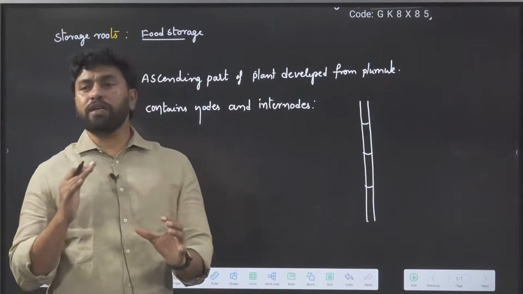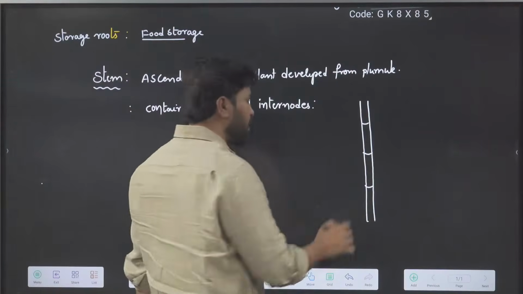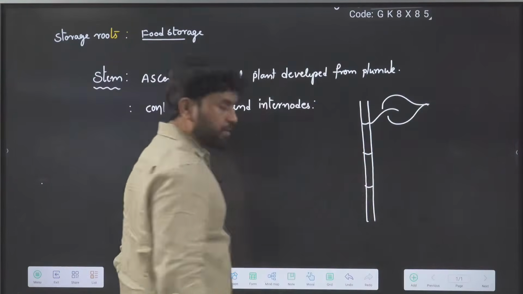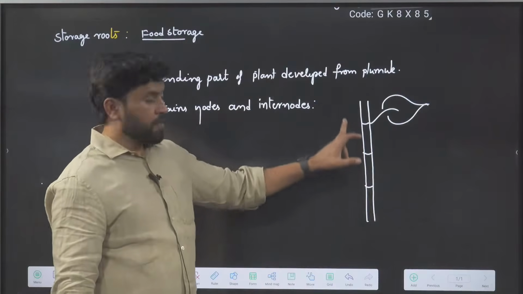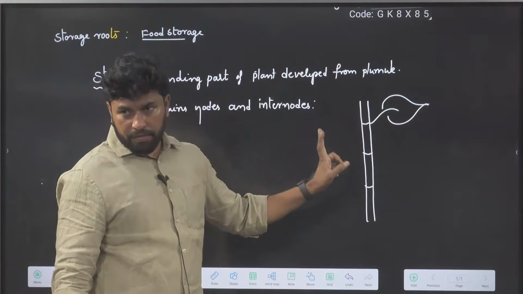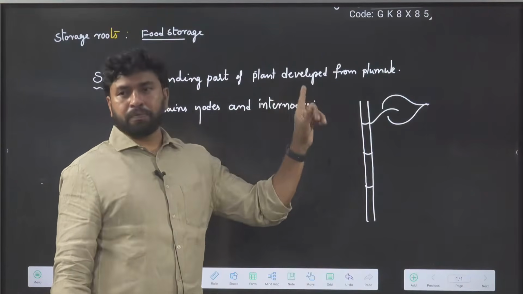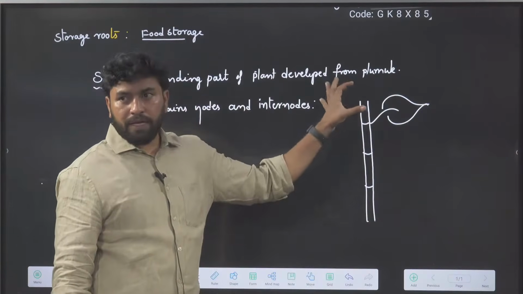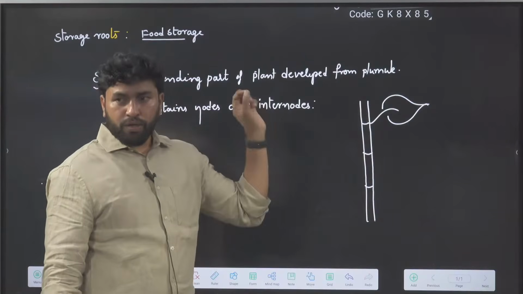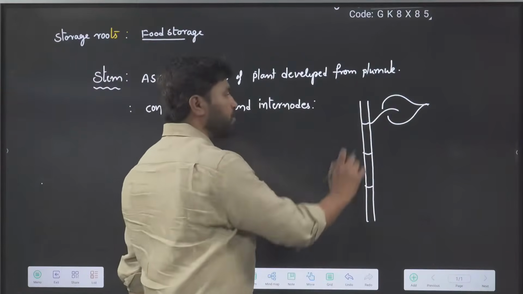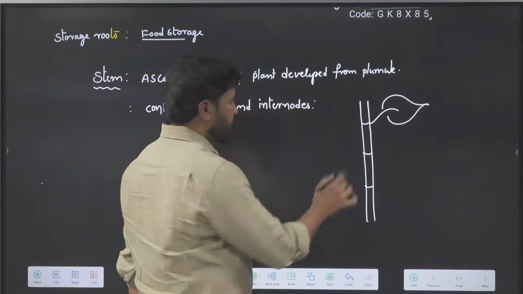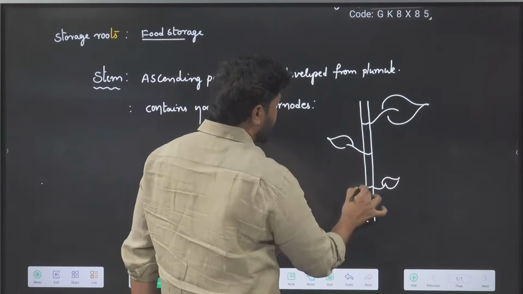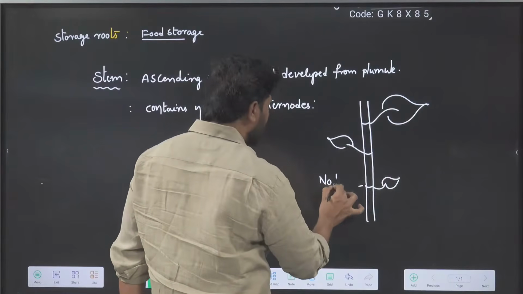So how to recognize a node? A node is recognized by the appearance of a leaf. If you observe a development of a leaf on the surface of the stem, whether it appears as a prominent body or a smooth body, you should remember this area should be considered a node. Where leaves are developing, you have to mention it as a node.